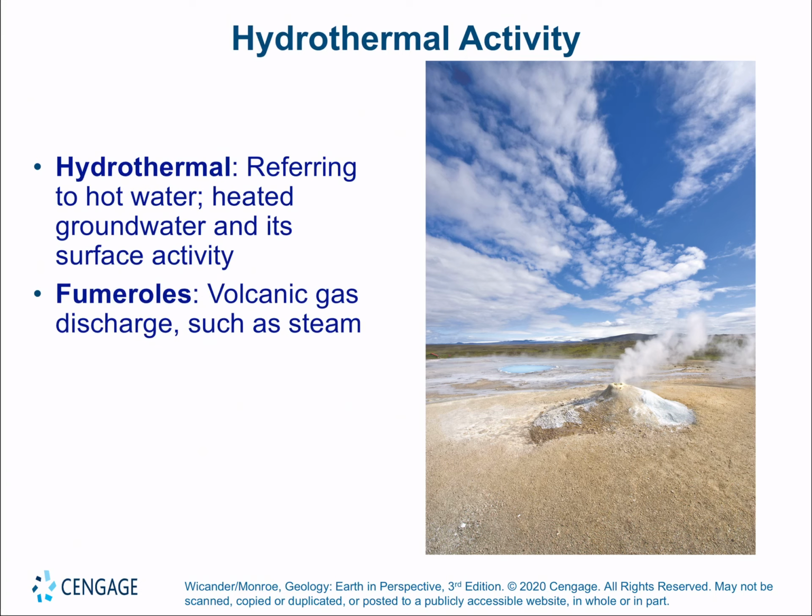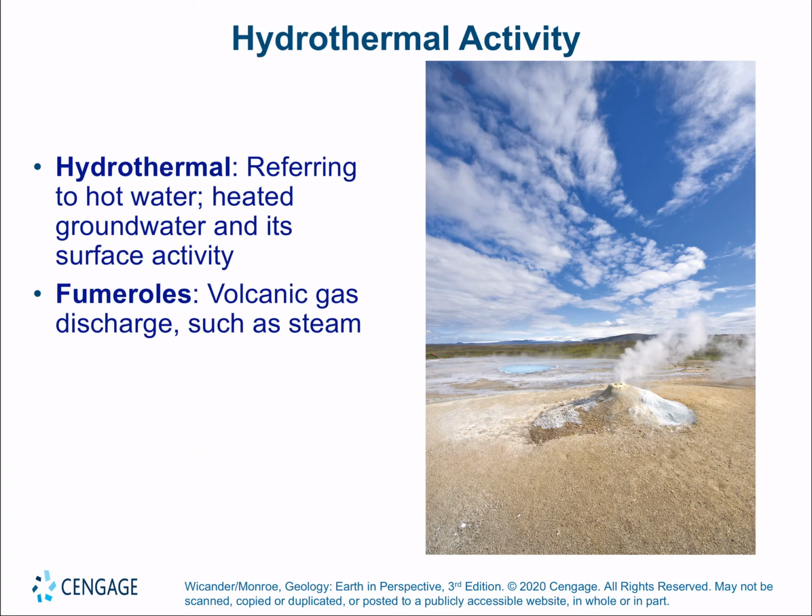Some other groundwater activity we have is our hydrothermal activity, hydro being water, and thermal being heat. So hydrothermal is referring to the hot water. That's when your groundwater gets heated, and any surface activity is a result of that heating.